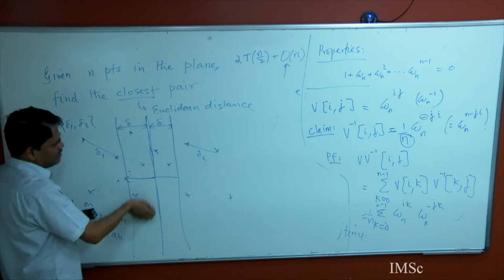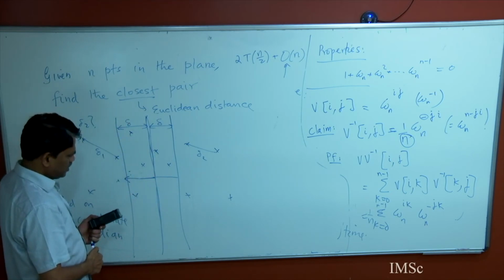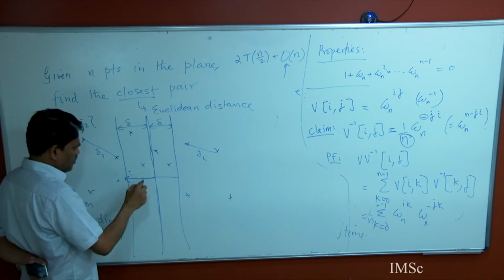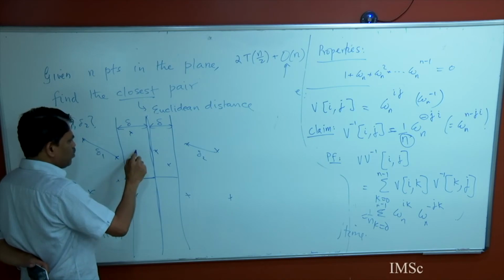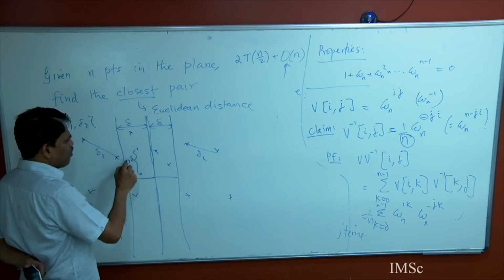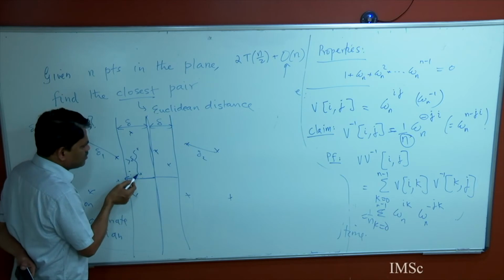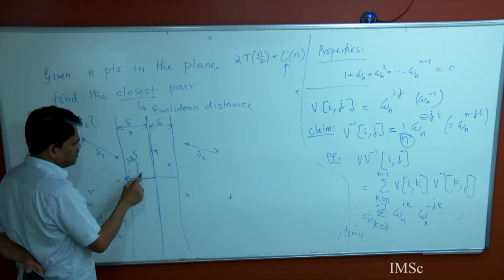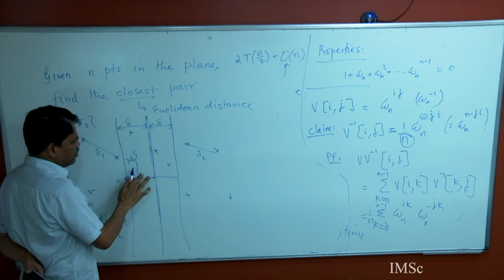Let's say the points which survive now, I sort them under the y coordinate, and I claim that if in the y coordinate distance somebody is greater than delta, again there is no point in comparing those two. Even in the x coordinate they may be very close, but if in y they are beyond delta, I don't need to look at it.